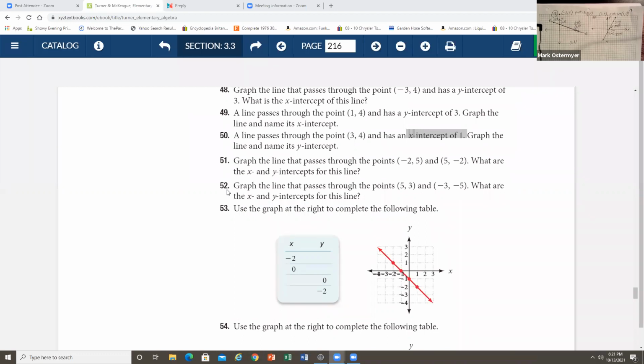Or I'll tell you what, I'm going to do number 52, and then I'll give you classwork 2.